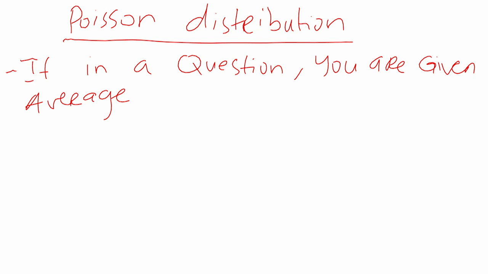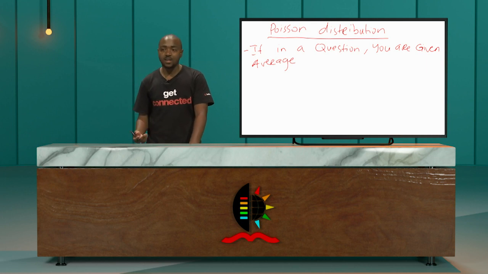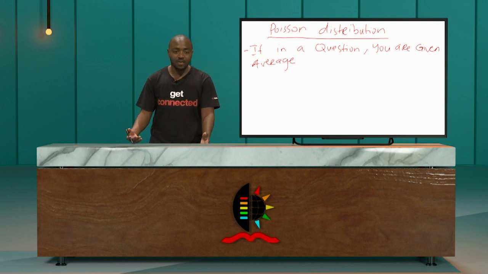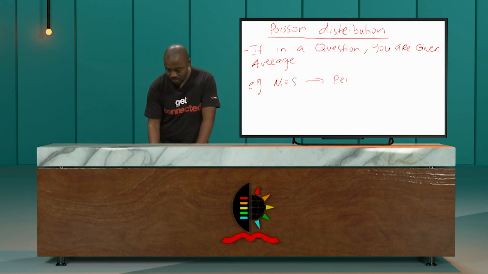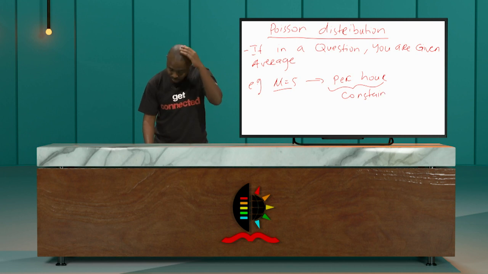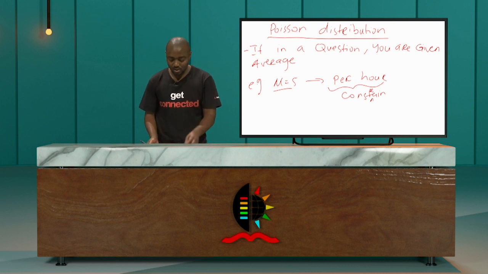For example, if you go to a petrol station, the average of cars that go into the place per hour is, right, 5. So you'll know that my average, this is an example, is 5 per hour. So I'm given an average and a constraint. So I know I'm dealing with Poisson distribution.